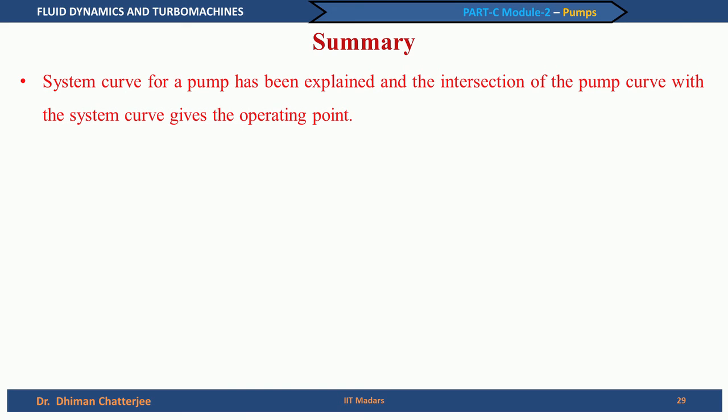It is desirable that the operating point should be as close to the best efficiency point, or the design point, and hence a careful selection of a pump for a given system is necessary. We cannot simply take a pump and use it for any system and expect the performance to be good.